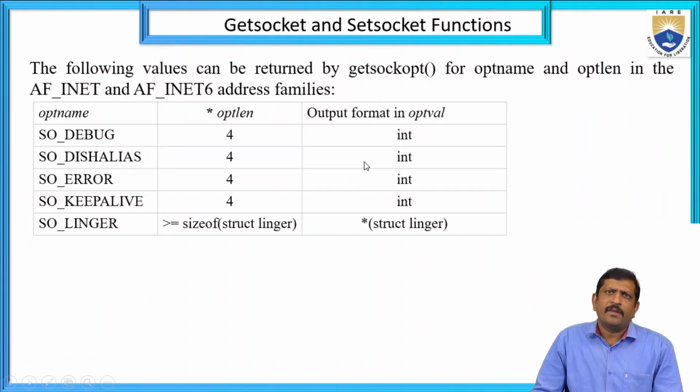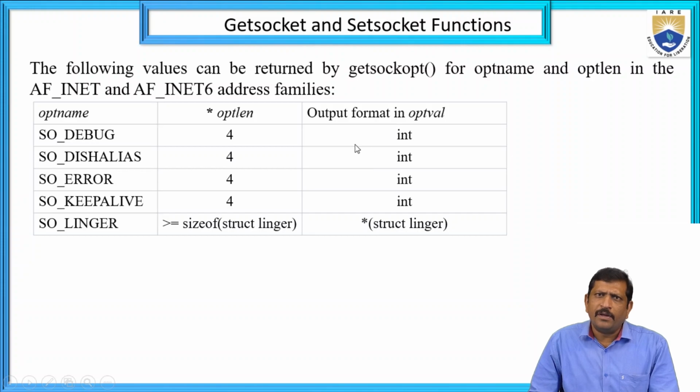Here are some of the other values that can be returned by getsockopt for the option name and option length in the address family AF_INET and address family AF_INET6.